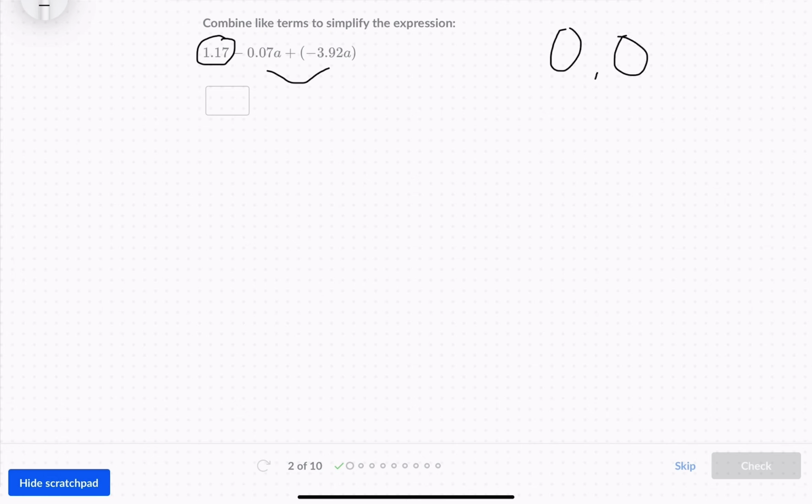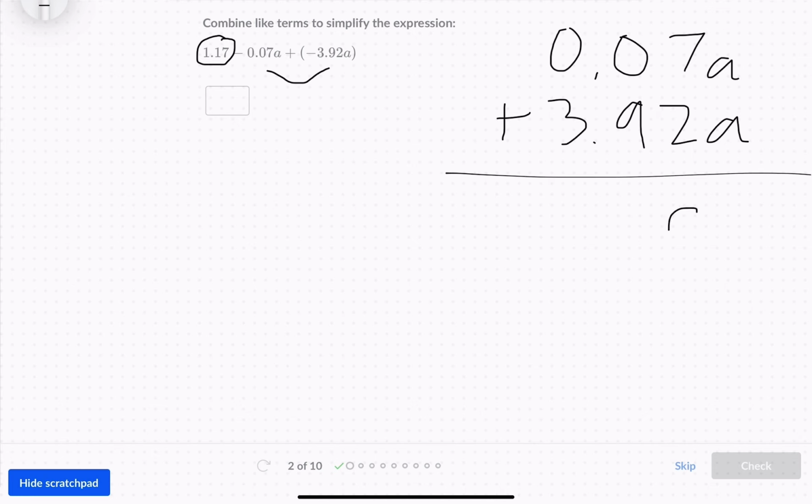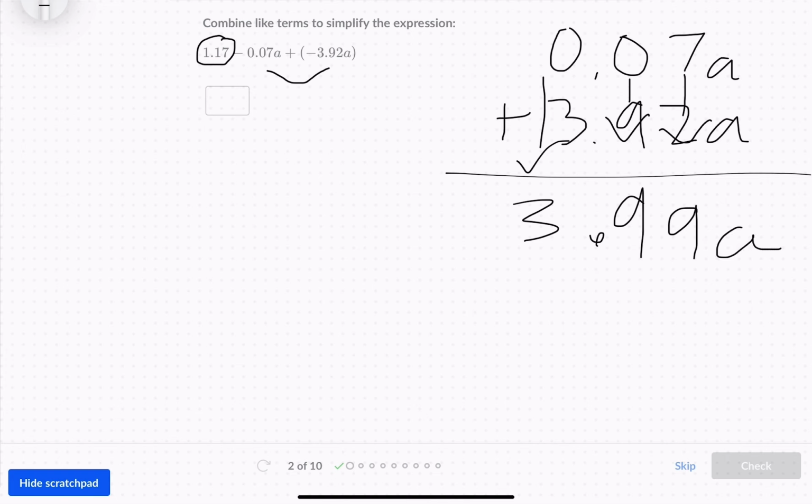So 0.07a plus 3.92a is equal to 3.99a. And then we're going to add the negative sign because of this.